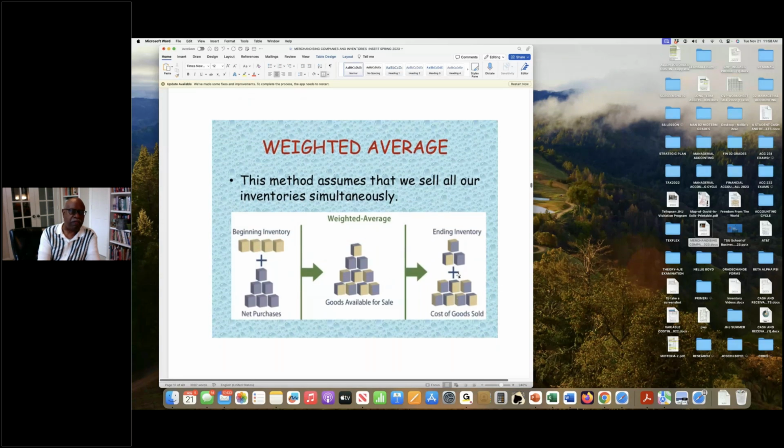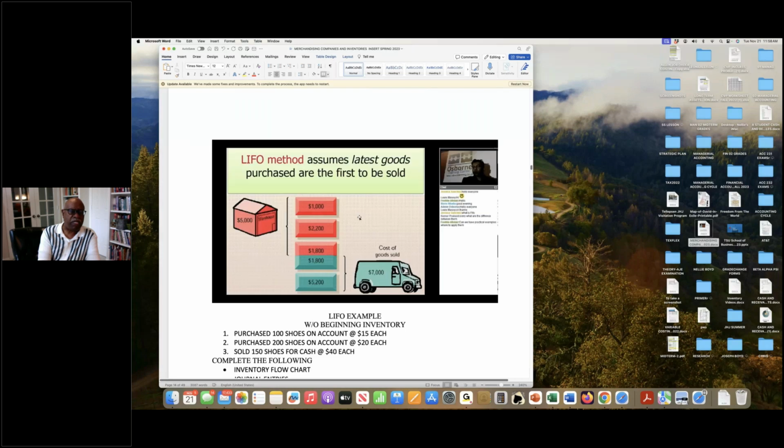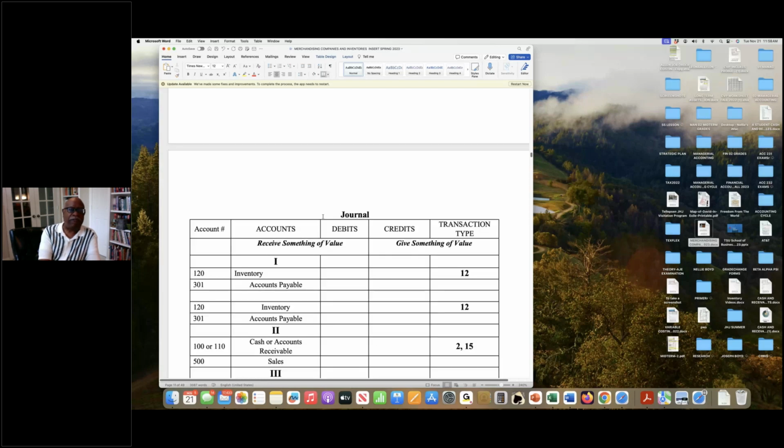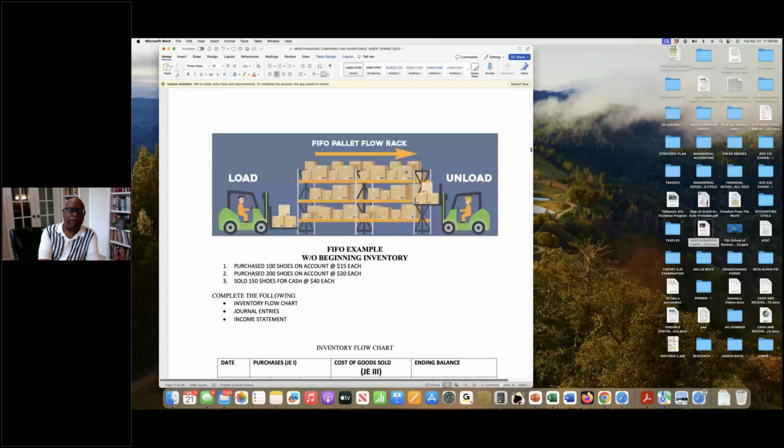Weighted average, where we average what's in the inventory. LIFO, where we sell the ones that came in last first. And then we have FIFO, where we sell the oldest ones first. So FIFO, we sell these old ones first.